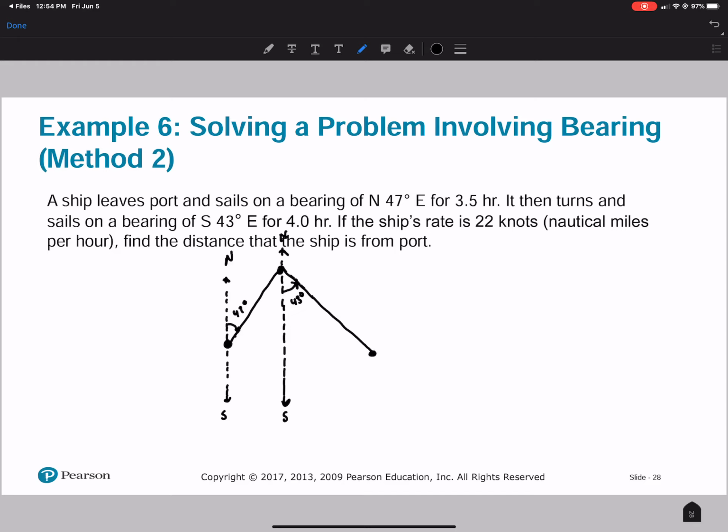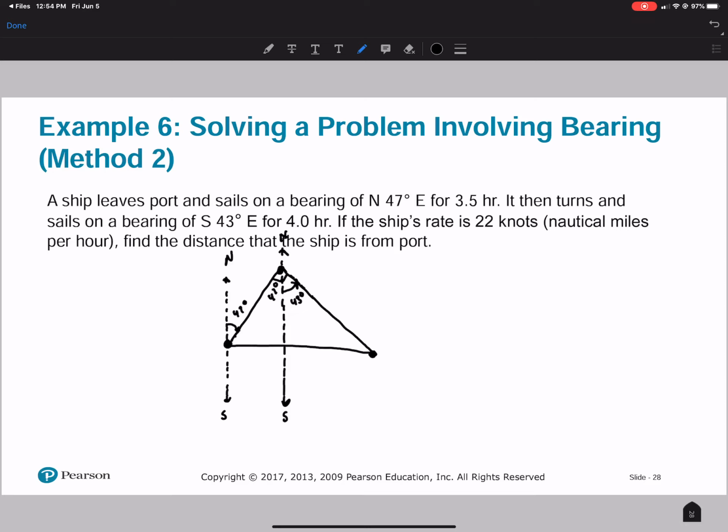Now we can go ahead and connect these two. Honestly, we know that if this is 43, this is 47, because this is going to be our right angle.